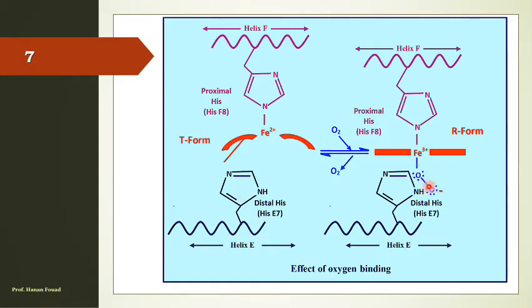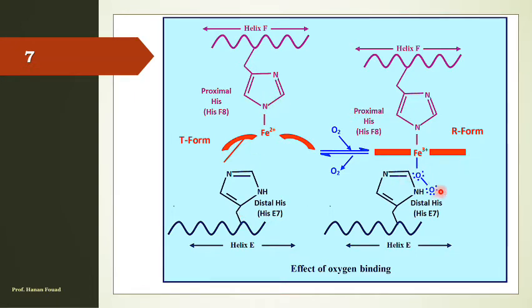When the oxygen molecule, two atoms, binds iron, it pulls the iron downward. When the oxygen pulls the iron downward, the porphyrin ring becomes a straight line. It pulls the proximal histidine to approximate the distal histidine, so the space between the proximal histidine and the distal histidine becomes narrow. If you look here, the space between them is wide.